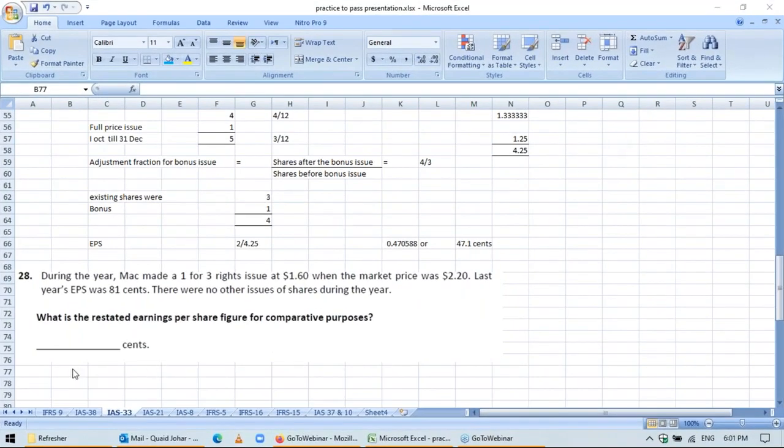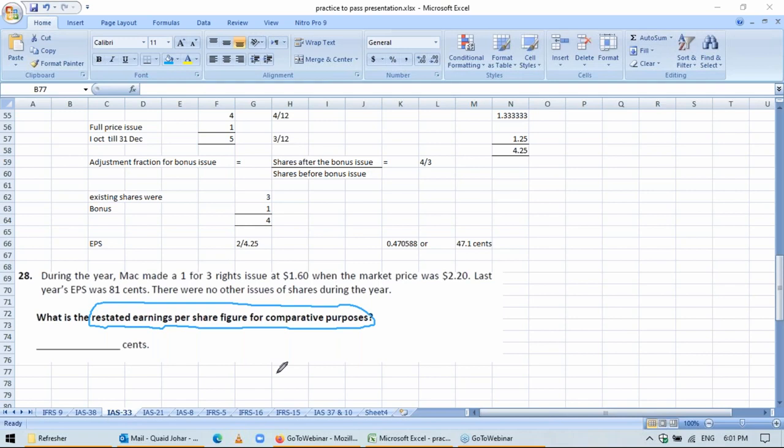So let's start question number 28 on earnings per share. In this question, they are asking for the previous year's earnings per share, the restated earnings per share figure for comparative purposes, the last year's EPS.